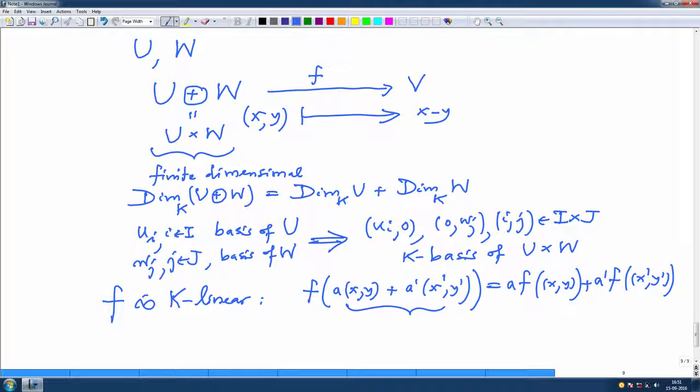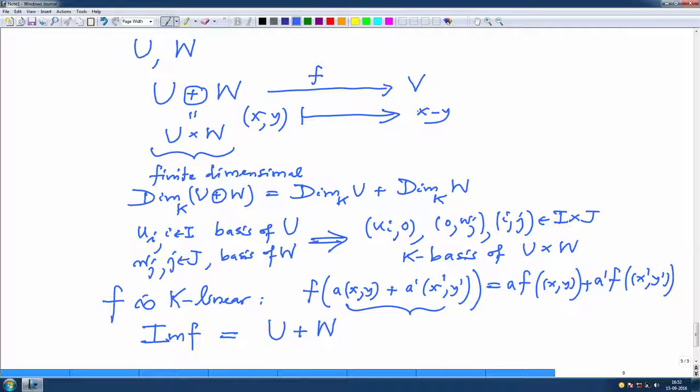Secondly, I want to say that the image of F is precisely the sum U plus W. That means we need to check that the image of F is the smallest subspace which contains U and also contains W. But look here, if I take y equal to 0, where x is in U and y is in W, then x goes to x.